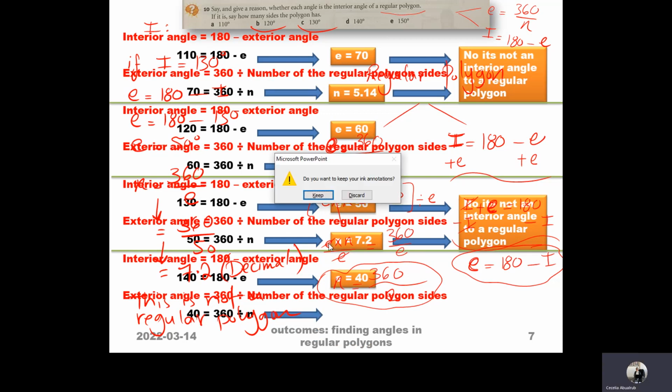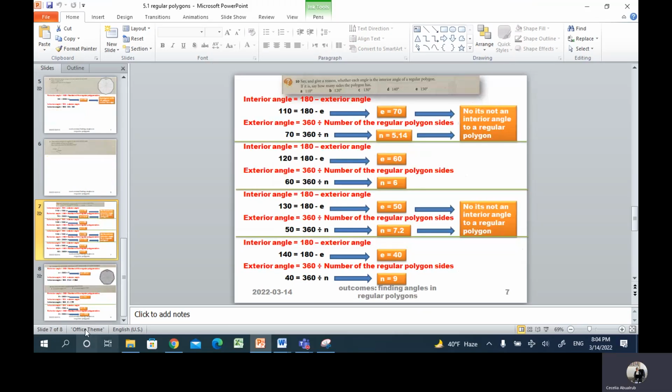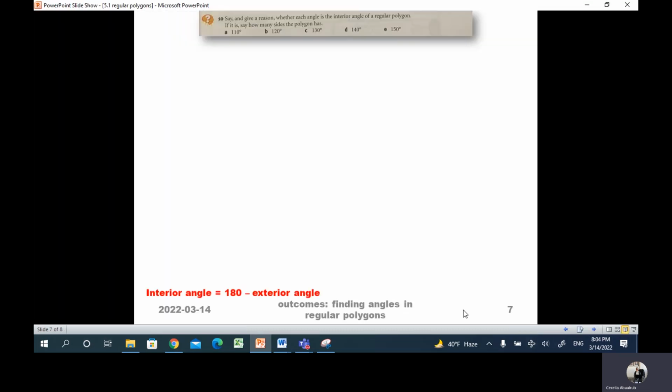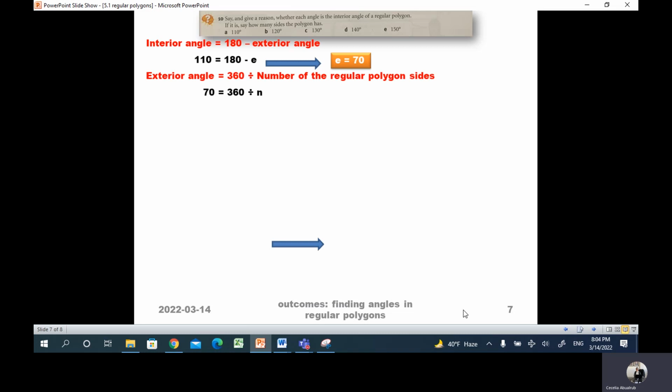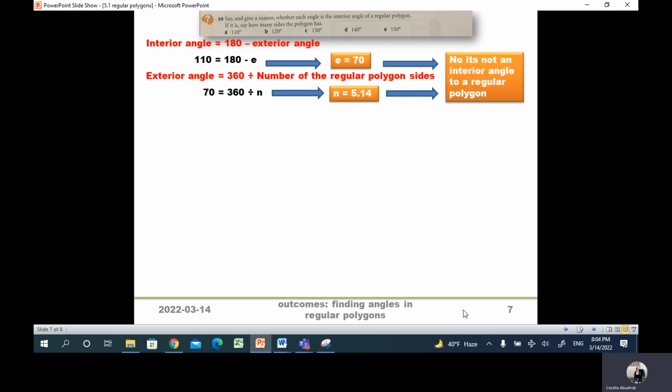In fact, before, sorry about this. So this was the one that we're talking about. So we've done in detail the 110, 120, 130.